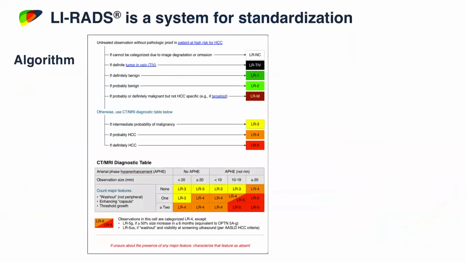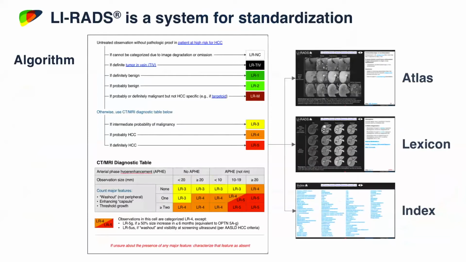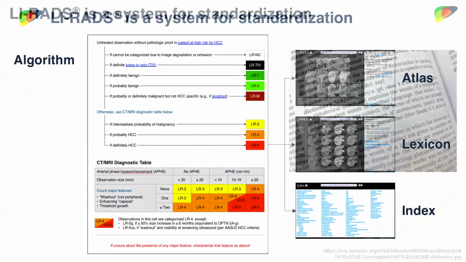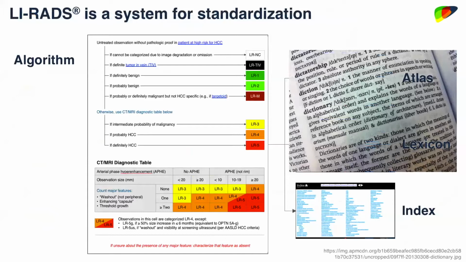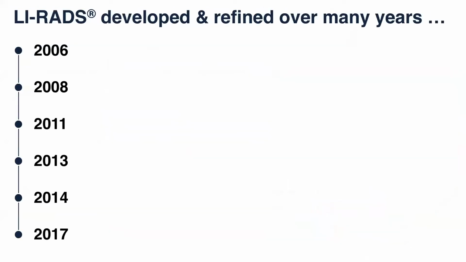It has an algorithm, and the algorithm has a decision tree and a diagnostic table, which we'll talk about later. This algorithm is supported by an atlas, a lexicon, and it is indexed and hyperlinked. The atlas and the lexicon together are a dictionary, that provide words and terms as well as their definitions.